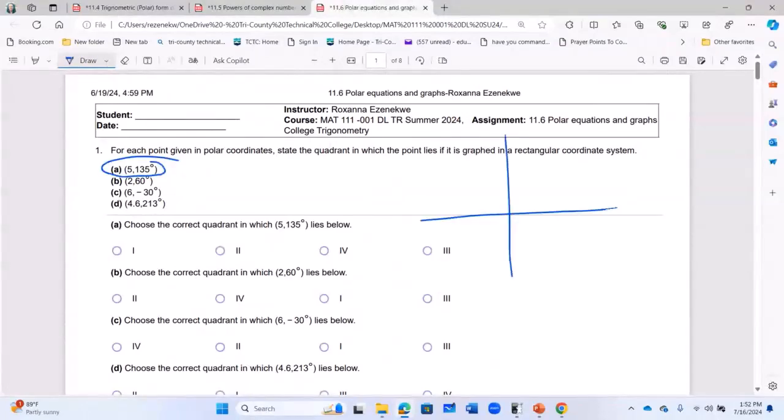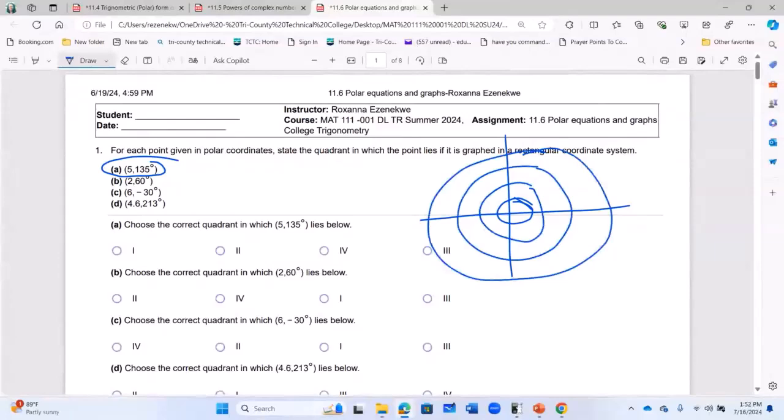By the way, if you are in polar coordinates, you have to draw circles. This circle has a radius of 1, radius of 2, radius of 3, radius of 4, radius of 5. Forgive my crooked circles. Anyway, the polar coordinate in A is in the second quadrant.